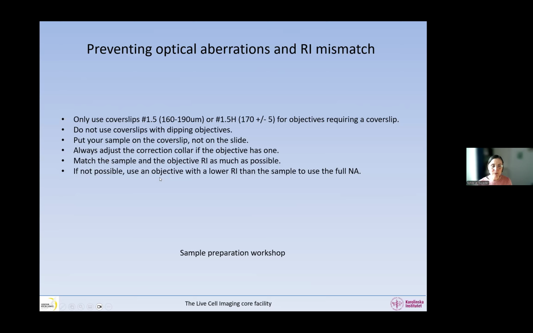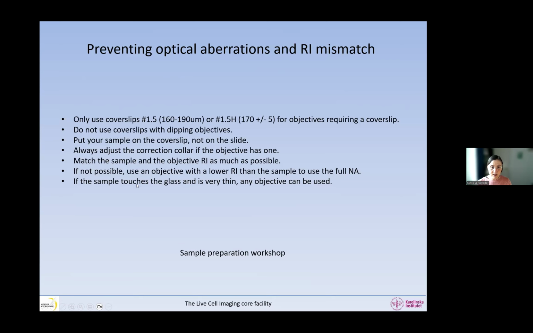If it is not possible, use an objective that has a lower refraction index than the sample to use its full numerical aperture. So it is better to use an air objective with a water sample than to use an oil objective with a water sample. You want the refractive index of the objective to be lower than or equal to your sample.